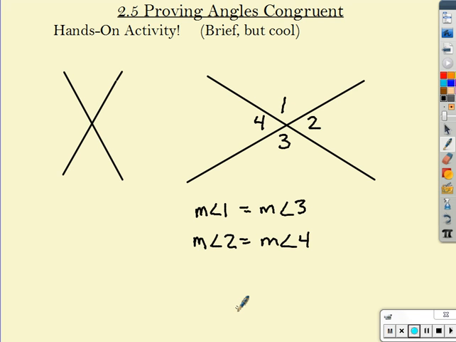No matter how you drew your X, I'm going to bet that that is going to be true. And what I'm going to have you do is I provide you with a protractor. Go ahead and measure angles 1, 2, 3, and 4 and see if I'm right.